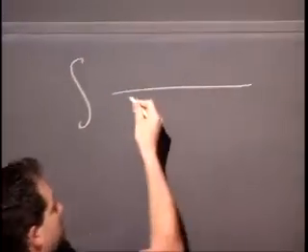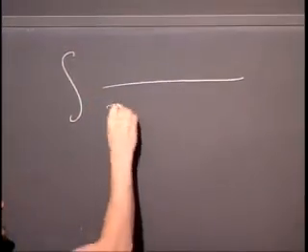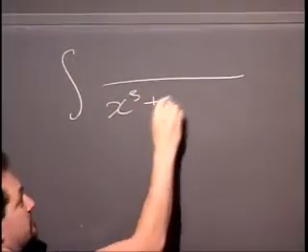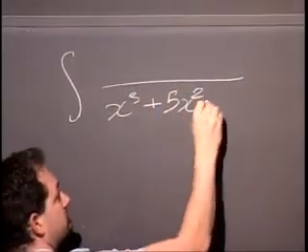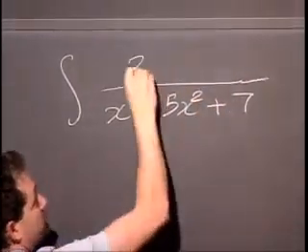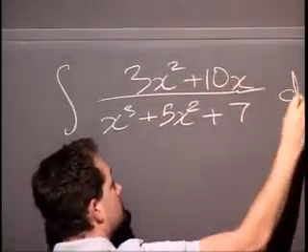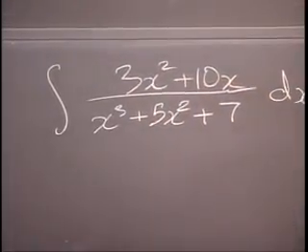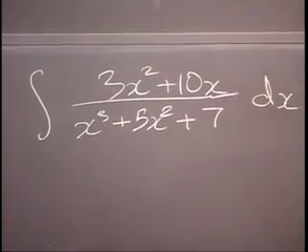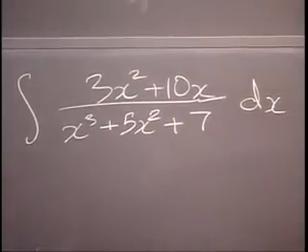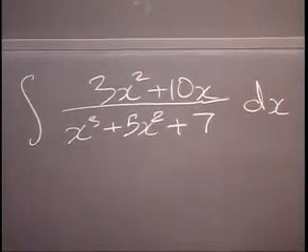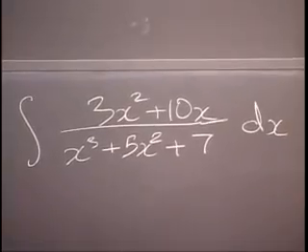Suppose you have some integral where the denominator's derivative is in the numerator. For example, (3x squared plus 10x) over (x cubed plus 5x squared plus 7). You might think, oh, it's a poly over poly, I'll do partial fractions.